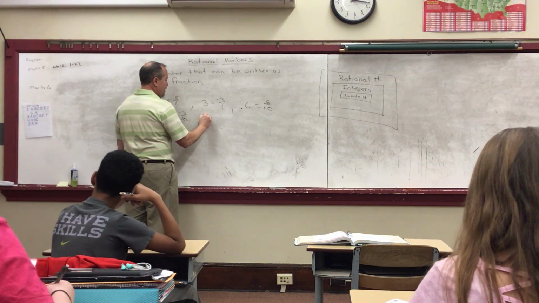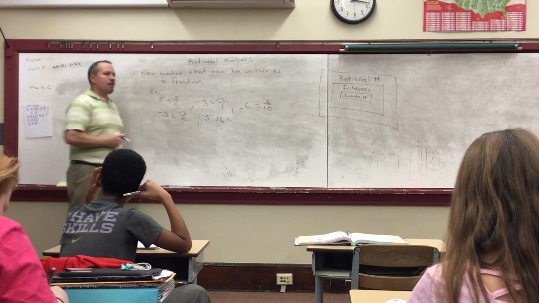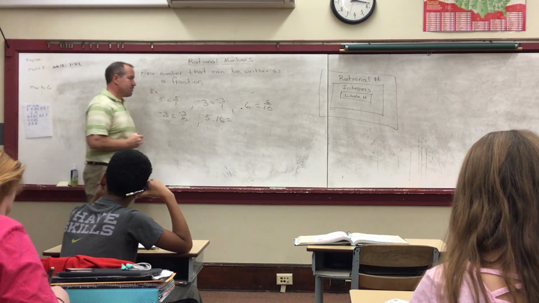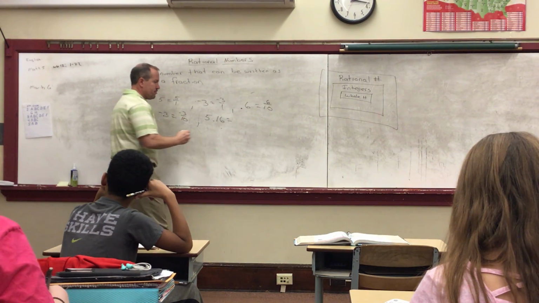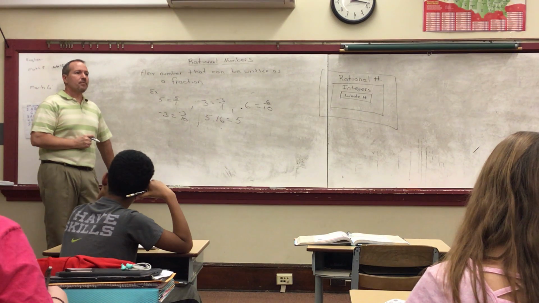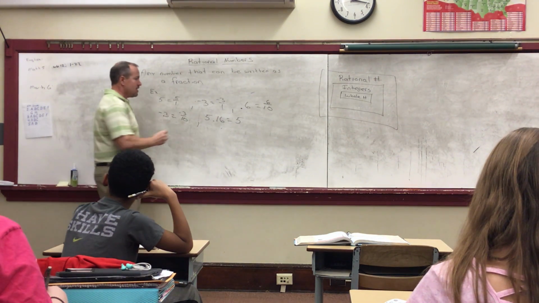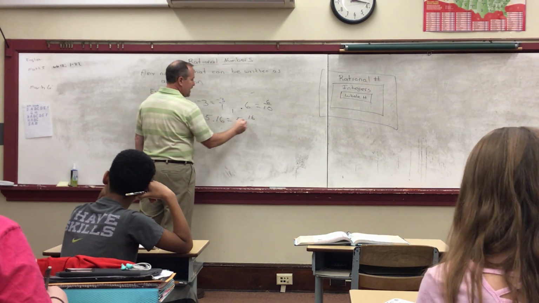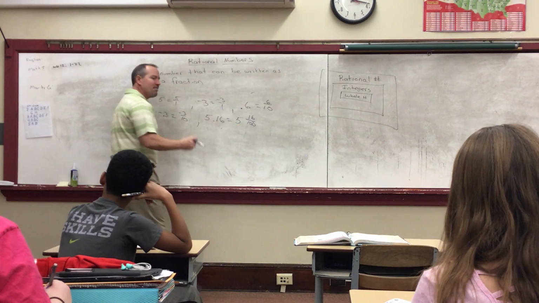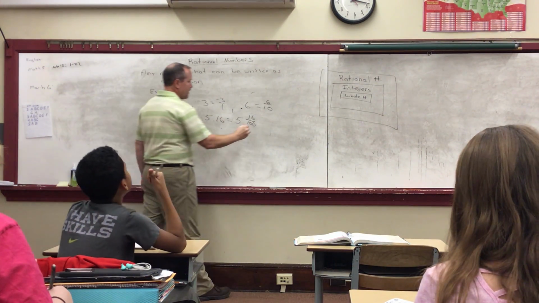If you had 5.16, how would you write that as a fraction? Olivia? Not 5 over. The number to the right of the decimal, 16, becomes your numerator. The place value of the last digit is your denominator, so you have 5 and 16/100. Okay?